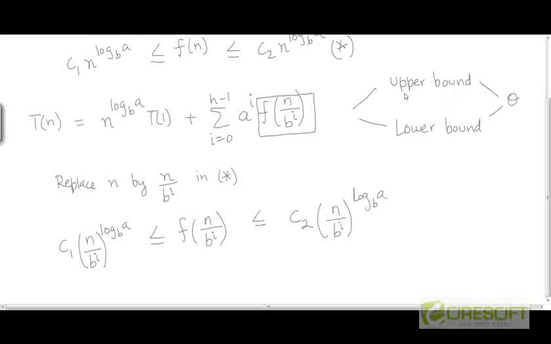To derive an upper bound on T of n, we will replace f of n by b to the power i by the right hand side of this inequality, and thereby we will end up with a larger expression such that this overall expression will be greater than or equal to T of n.